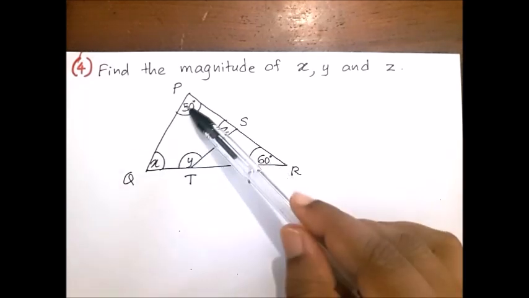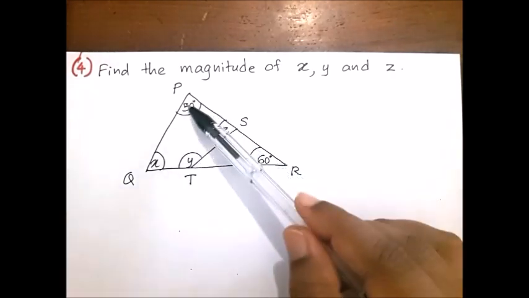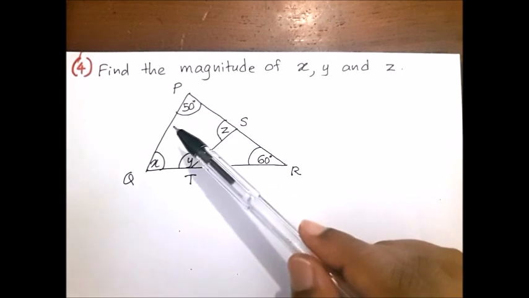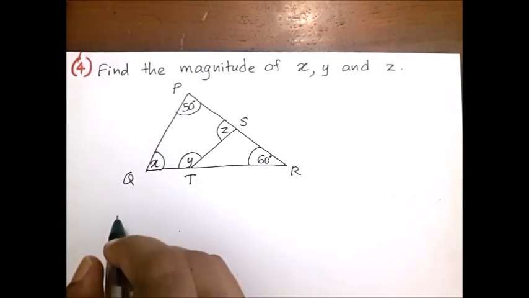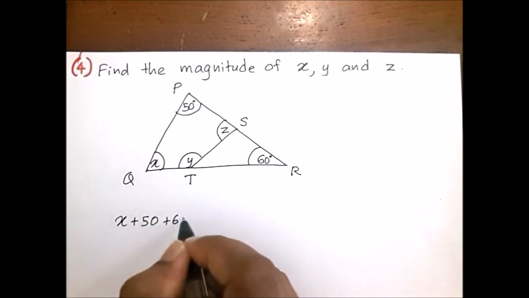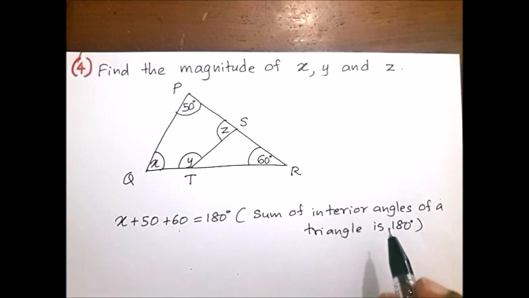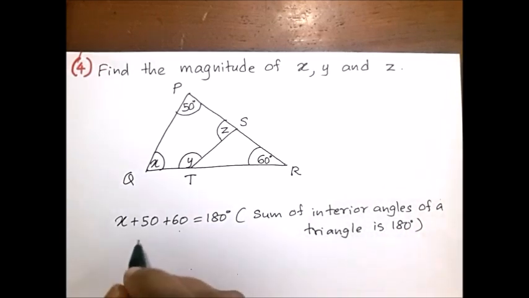The sum of these three angles equals 180 degrees because the sum of interior angles equals 180 degrees. Now write x plus 50 plus 60 equals 180 degrees. Write the reason: the sum of interior angles of a triangle is 180 degrees.